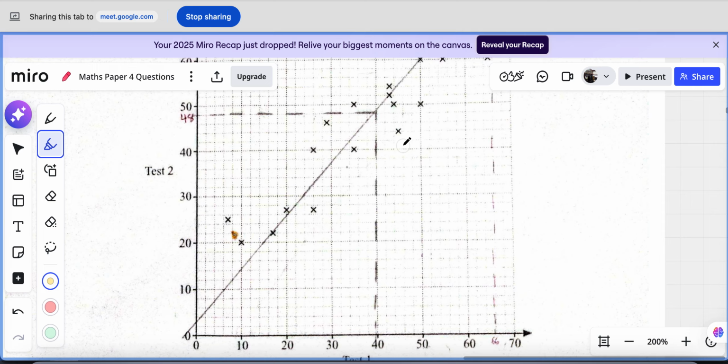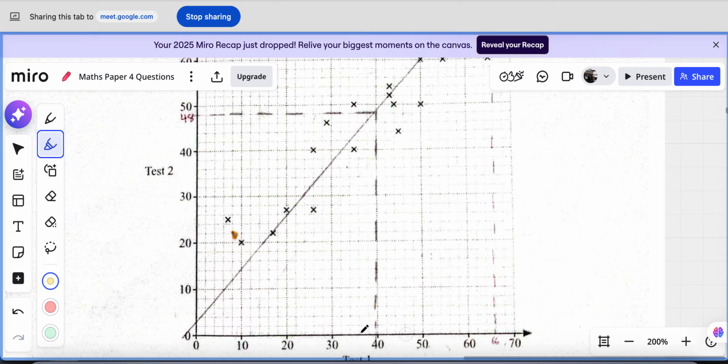Remember, he didn't do test 2. He was upset. He only did test 1. But they are telling you to estimate with your line of best fit. So what are you going to do? You go to what he got in test 1. He scored 40. This horizontal axis is test 1, and the vertical one is test 2.